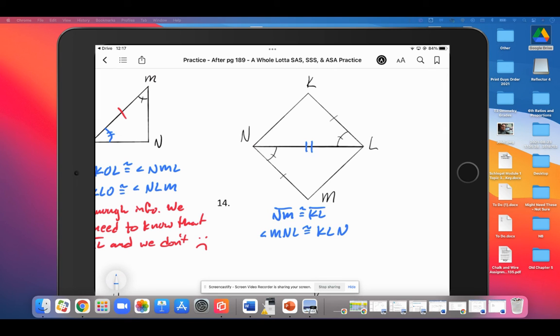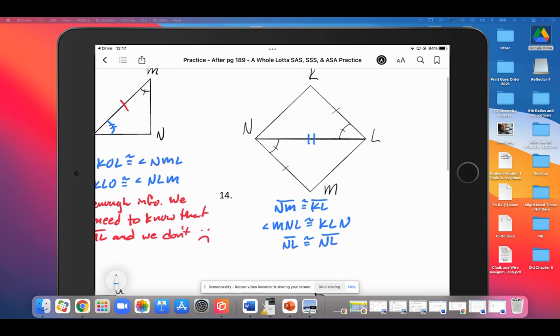And we see that NL is congruent to NL because of the reflexive property. So I can make the statement because of that, triangle MNL is congruent to triangle KLN because of side angle side.